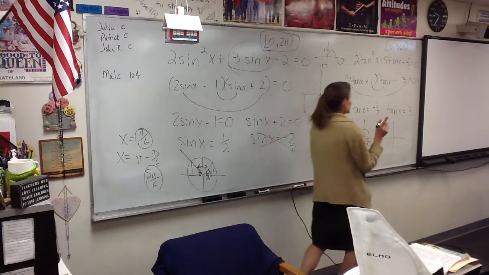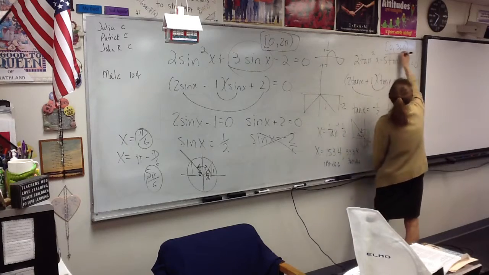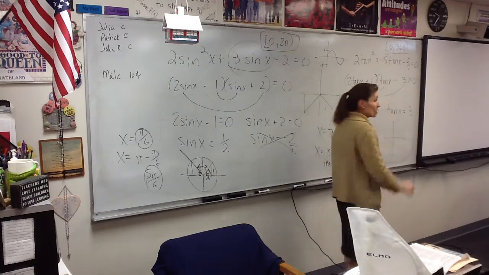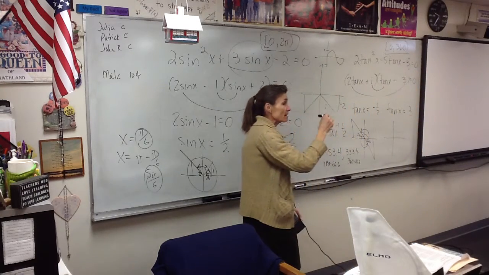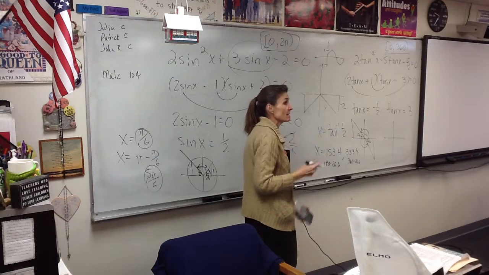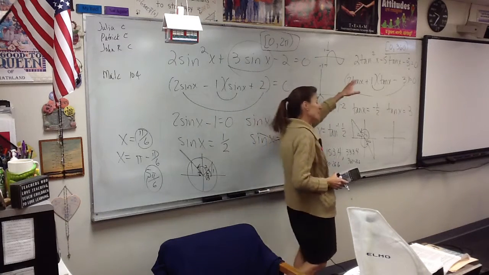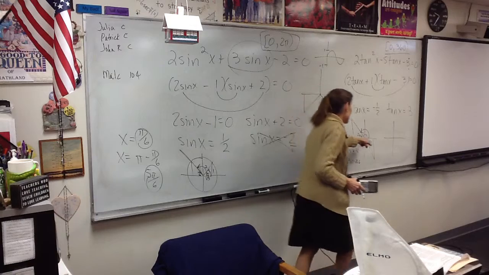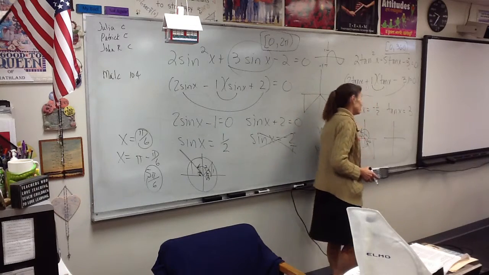You can't answer negative 26.6 with these directions because those directions say I gotta be between 0 and 360, and that's not. If I didn't have those directions, that would be perfectly fine because that is that angle.